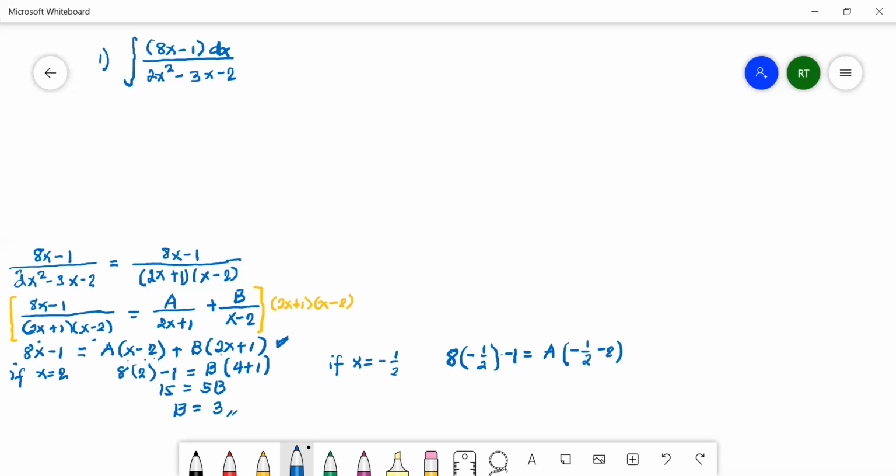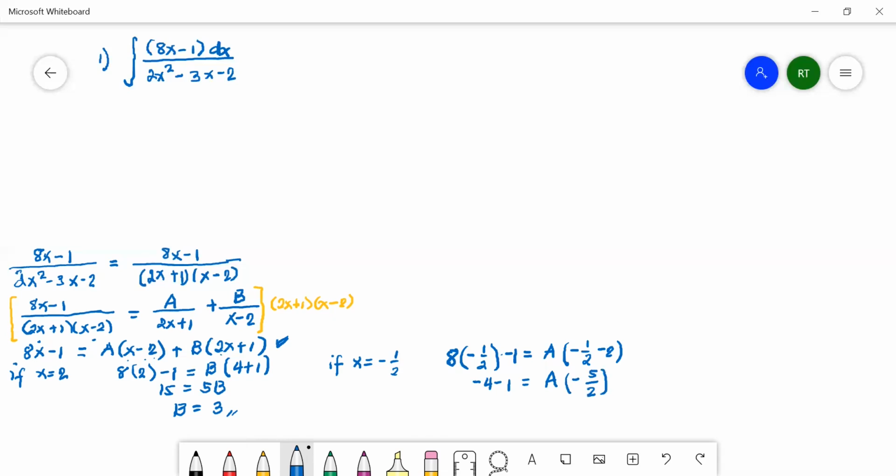Now in the left member, 8 times negative 1 half will give us negative 4, minus 1, is equal to a times negative 1 half minus 4. Negative 1 half minus 4 will give us negative 5 over 2, right?